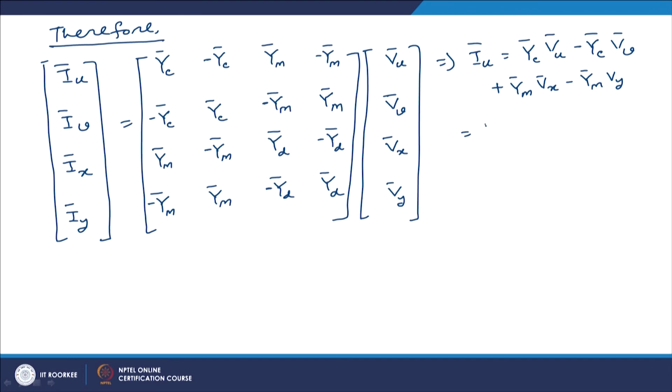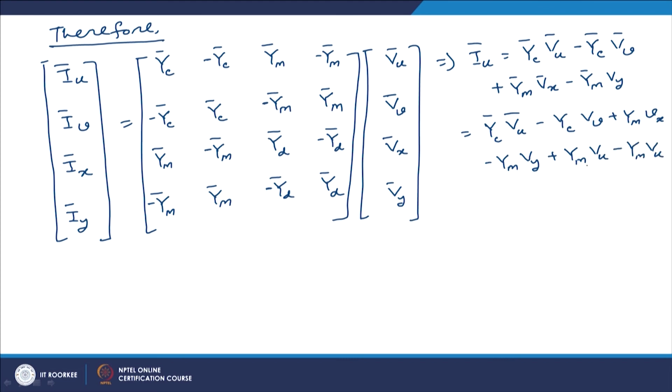So, what we get is YC VU minus YC VV plus YM VX minus YM VY plus YM VU and minus YM VU.